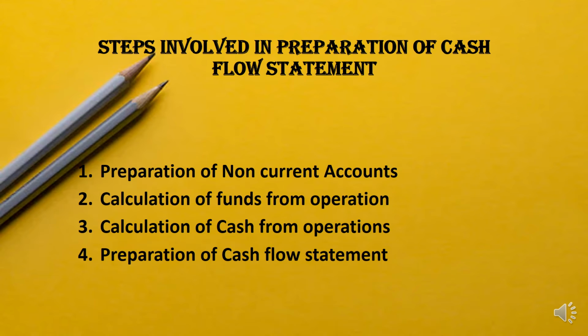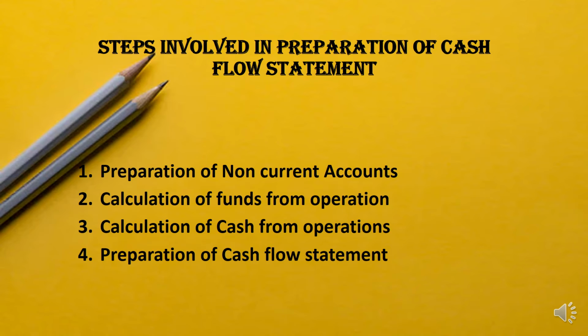If no additional information is given for non-current accounts, the sources or uses of cash can be found out by comparing the current year's figures of the concerned asset and liability accounts with the previous year's figures. In case any additional information is given for non-current accounts, it is necessary to open an account for each non-current asset and non-current liability to dig out the hidden information as a balancing figure.